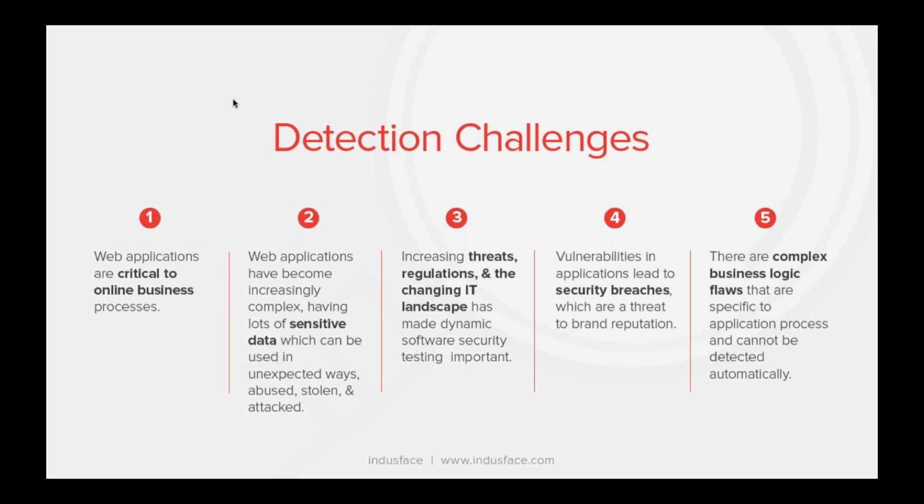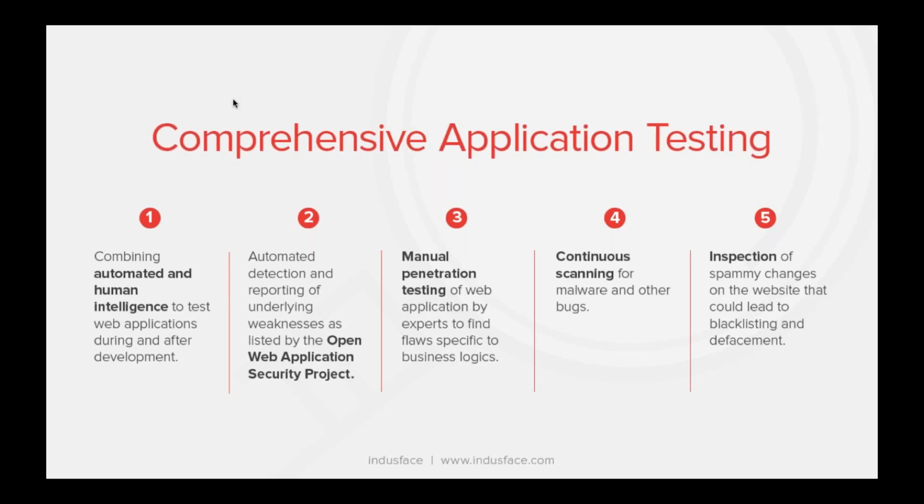So a weak spot in any of these moving parts can create a significant security risk to your application. So there are some challenges with the complexity of the application and the number of moving parts. So what has to be done to address those challenges? You take the same hacker approach of doing it automated, but also with an advantage of doing it much more comprehensively.